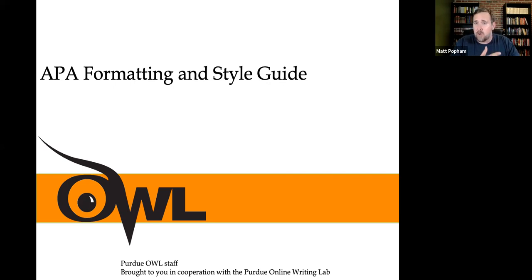As Andrew and I were discussing just a few moments ago, the Purdue Online Writing Lab is a fantastic resource for all of your writing needs. But if you're writing an APA paper, it is going to especially help you out. So everything that I have here can be found on the Purdue OWL's website.